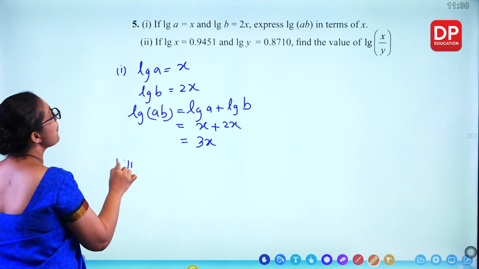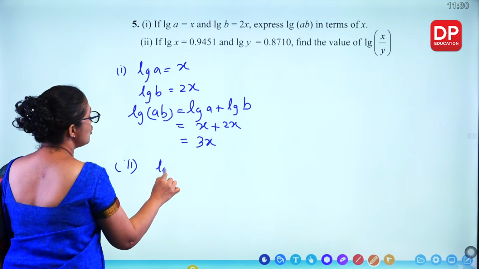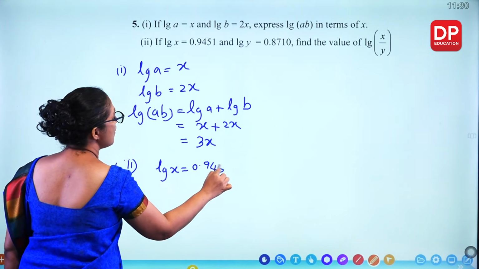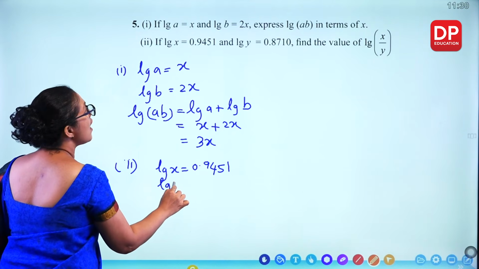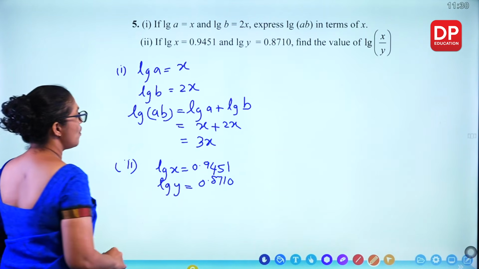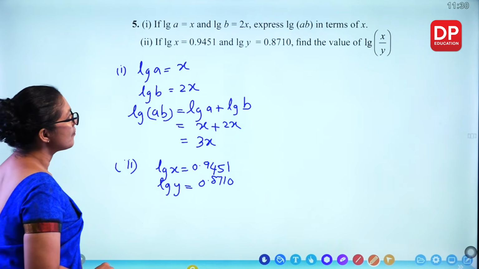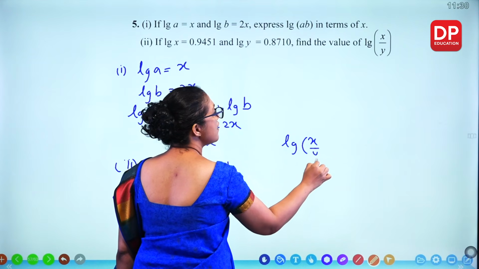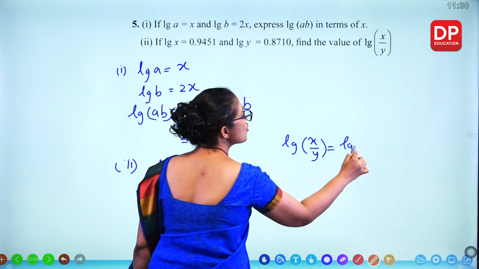Second part, if log X is 0.9451, log Y equals 0.8710. Find log X over Y. Log X over Y we can write as subtraction of logs.